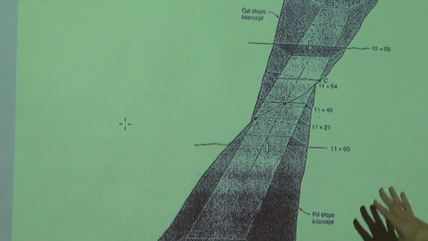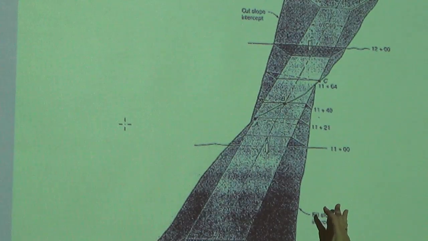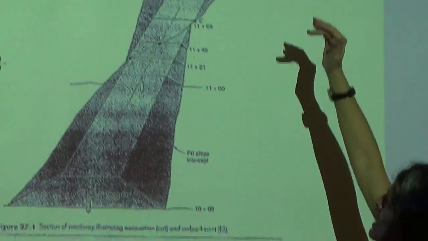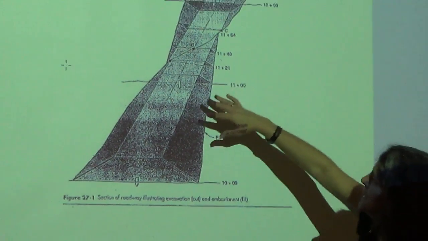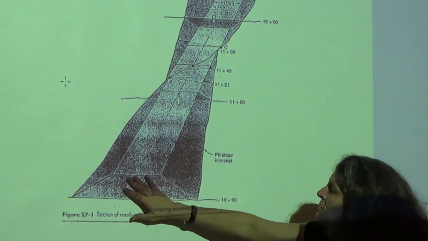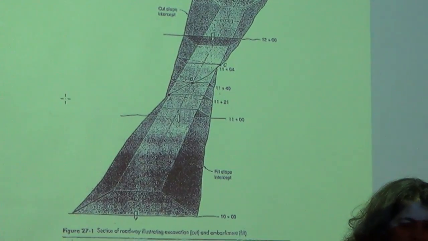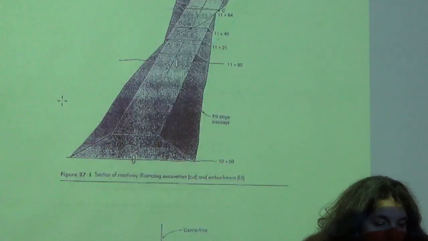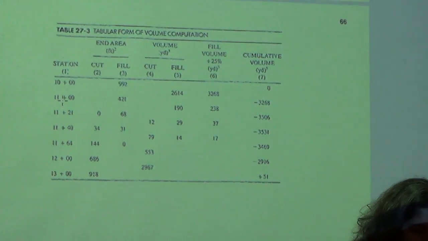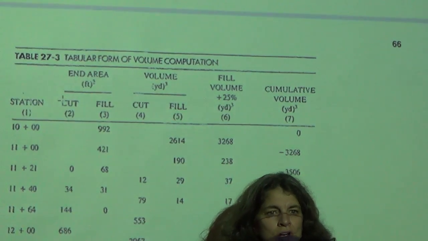What this picture is for is for you to see it in 3D, whether we're doing cut or fill, and to notice that we're doing fill at the front, cut in the back, and here it transitions from fill to cut. We did not calculate what these end areas are, but because I took this and this from the same book, I know that these are the areas for those cross sections.